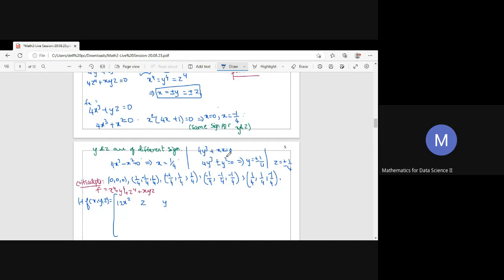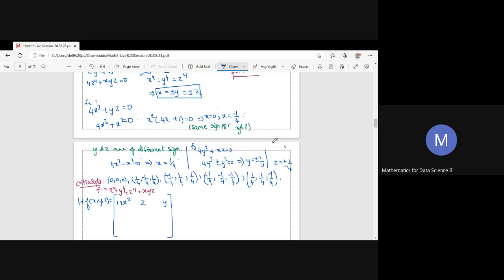For example, what is your fyx? The same, right? For the Hessian test the matrices are symmetric, so don't worry too much about it. So here you see 12x square, here it is z, and if you go by fyx, it is still z.